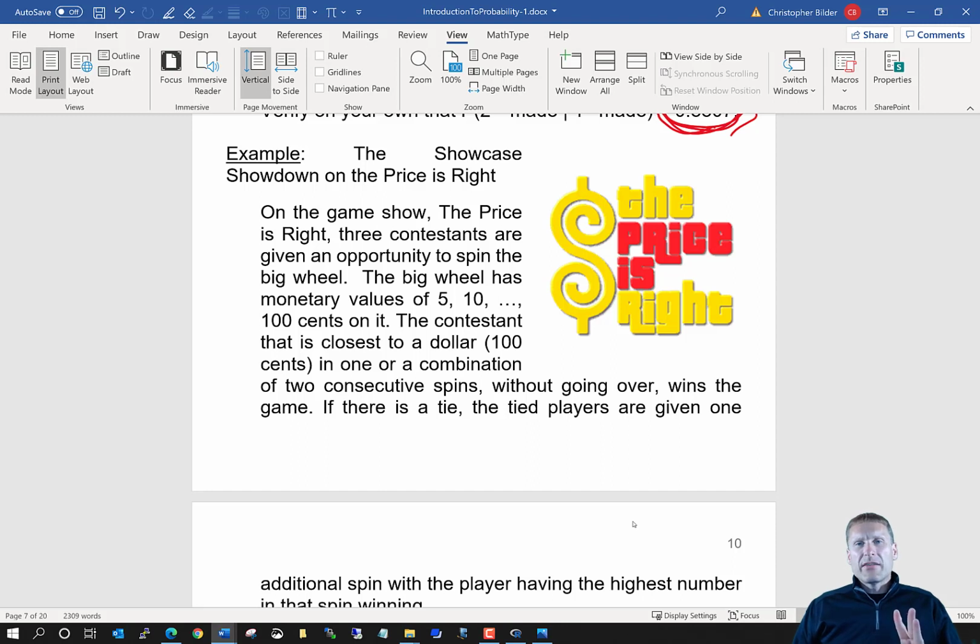You have 3 contestants that are trying to win the game. And the way that you win the game is that you spin this big wheel that has values of 5 cents, 10 cents, 15 cents, all the way up to $1 on it. And the contestant that is closest to $1 from one spin or through adding the combination of 2 spins wins this particular game.